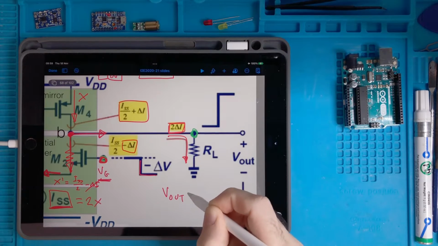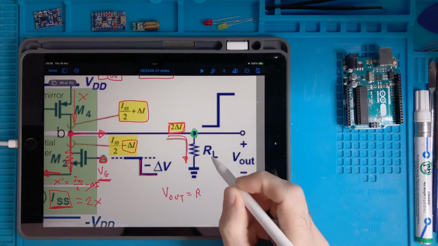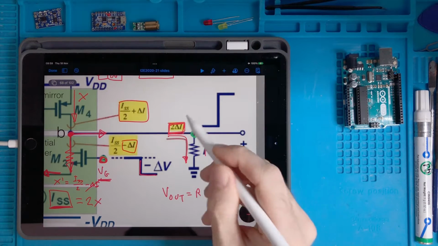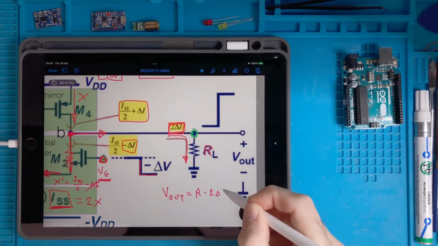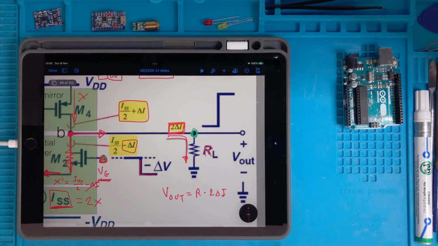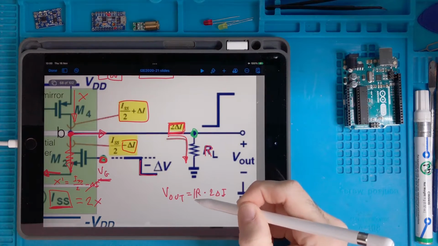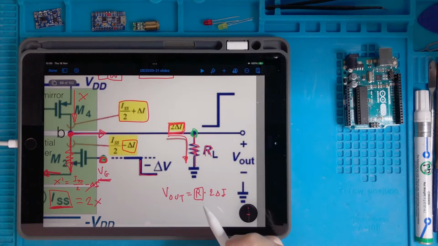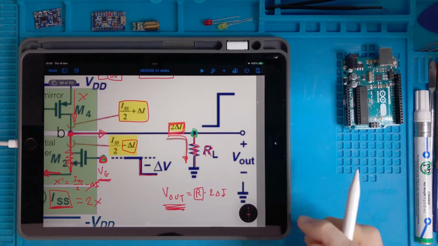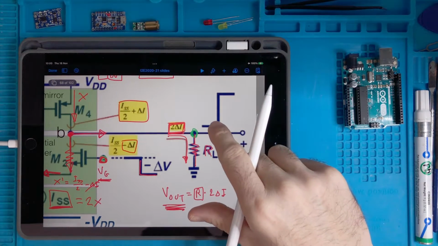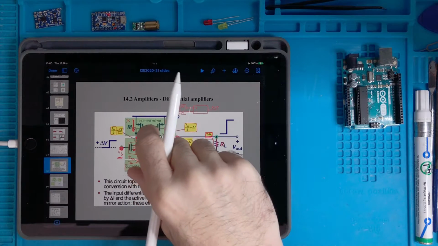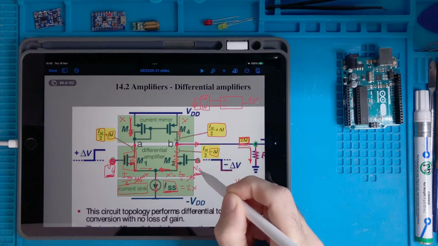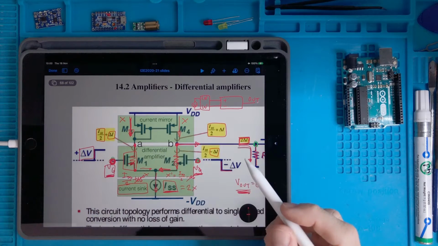V out equals R, this R, multiplied by the current, this current, 2 delta I. And so according to the value of R I can choose in this circuit, I can make this output be smaller or bigger than the cause that created it, which is this imbalance of gate voltage delta V.